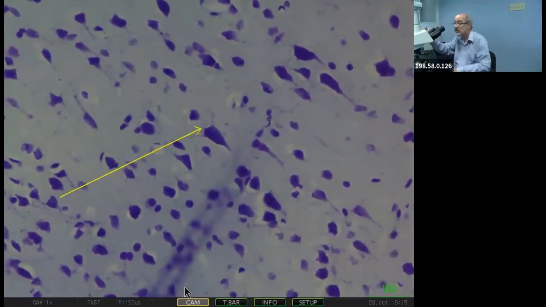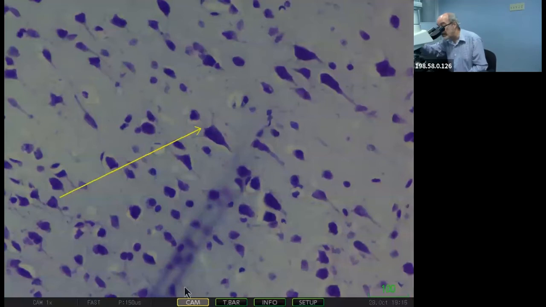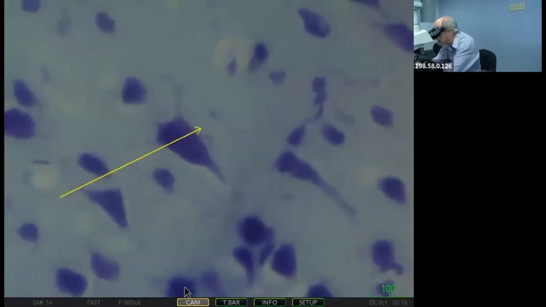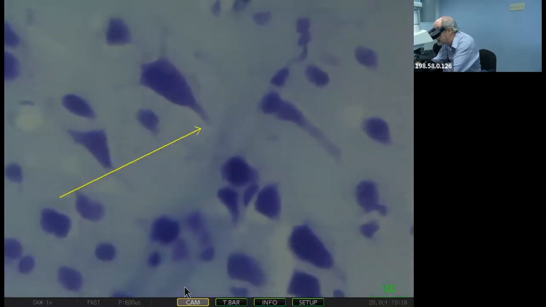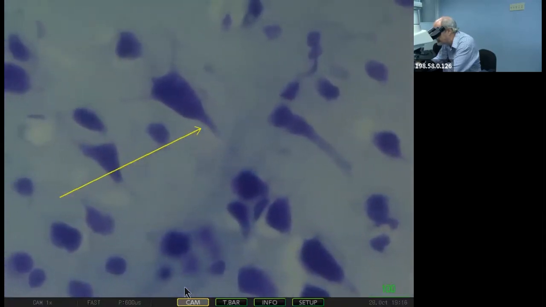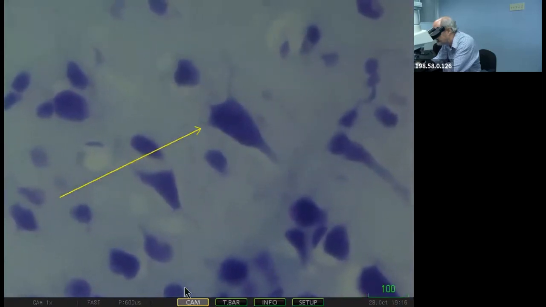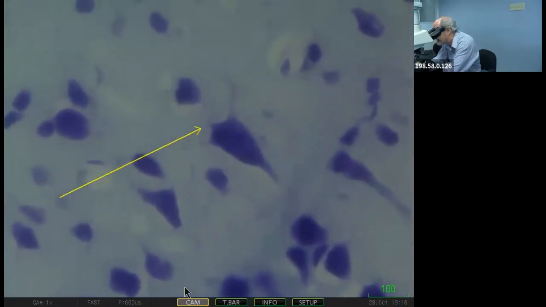You see, you have something which is leaving from the cell body, and it will be the axon. So you will have the axon leaving from the cell body. I can try to put it at higher magnification, but it might be blurry. But let me try. So again, here you will have the apical dendrite. Here you will have the basal dendrite. Okay, and here you see.